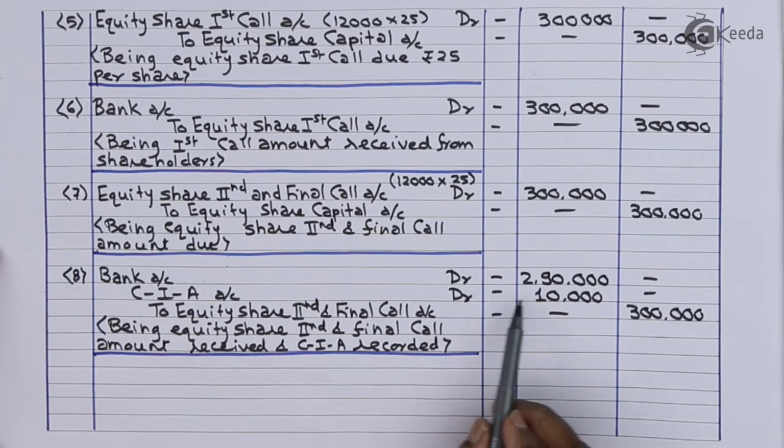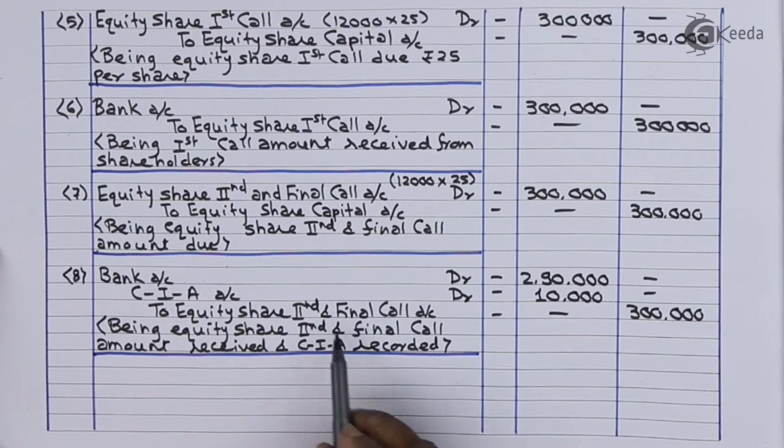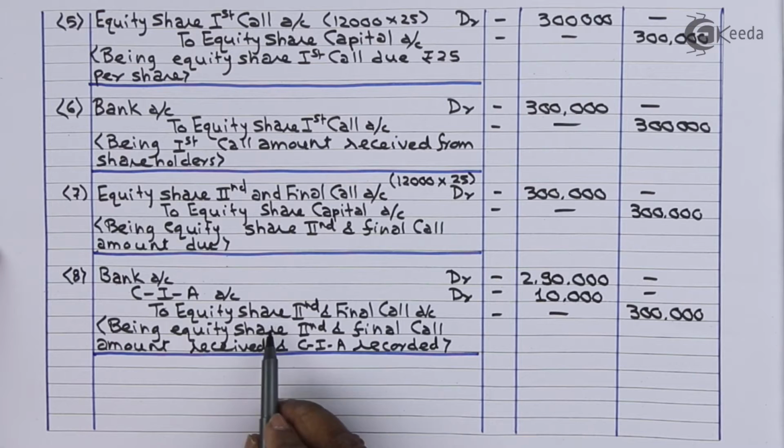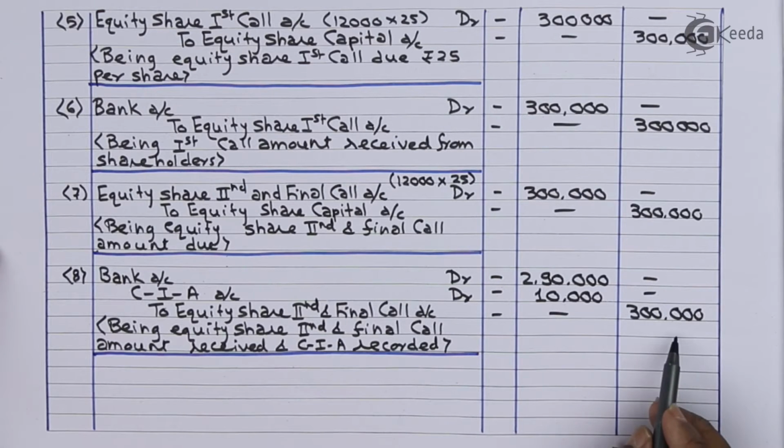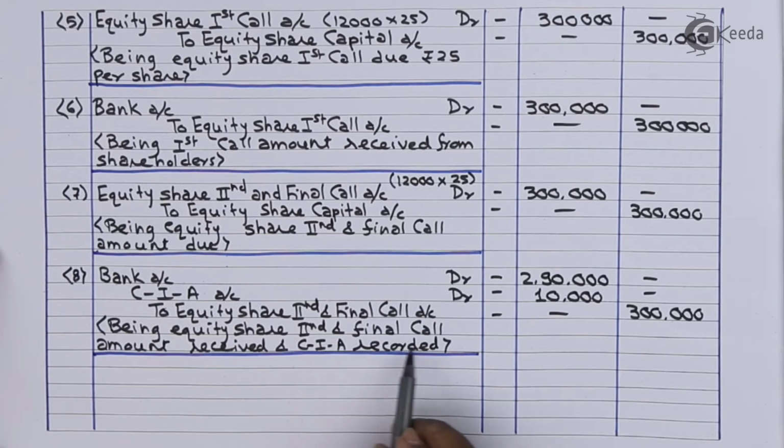Bank account debit 2,90,000. Call in arrears account debit 10,000 to equity share second and final call account 3 lakhs, being equity share second and final call amount received and calls in arrears recorded.